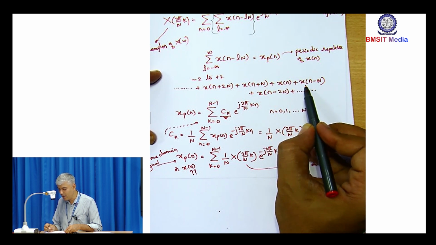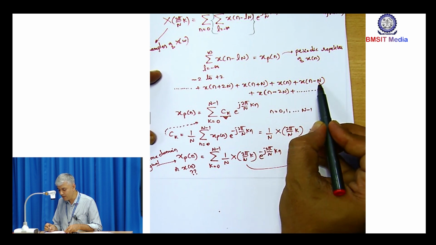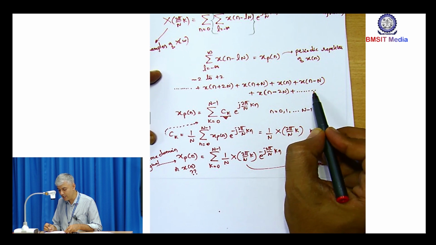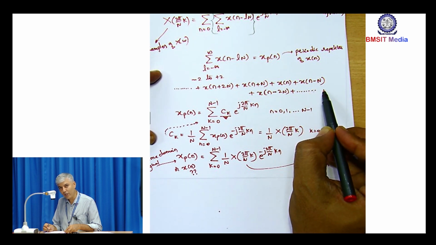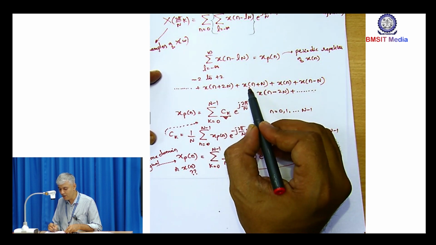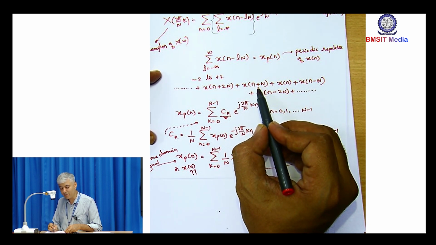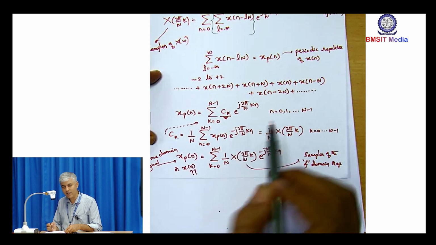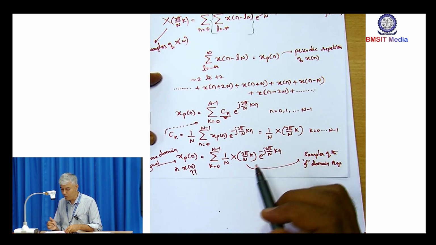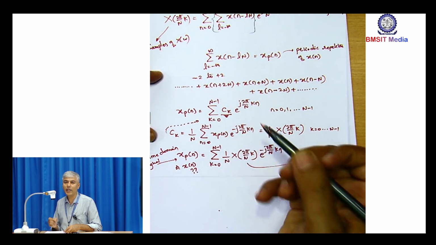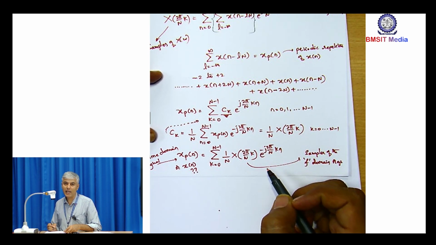Any delayed versions like x of n minus n, x of n minus 2n, x of n minus 3n, x of n minus 4n, all those are to be erased. And on the other side, x of n plus n, which is advancement, x of n plus 2n, which is again advancement, all those parts are to be removed. If you erase those parts, then you will get the time domain signal x of n.